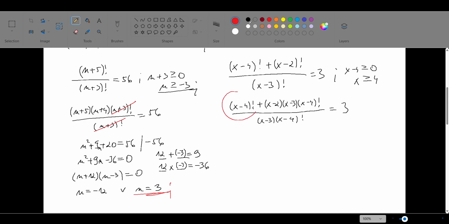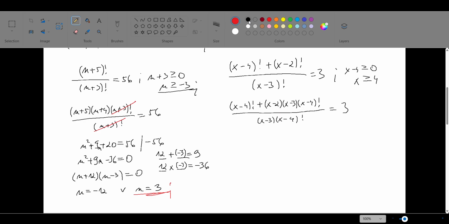So from these two terms of the expression in the numerator, you find what they have in common, which in this case is (x take away 4) factorial, which is here and here.